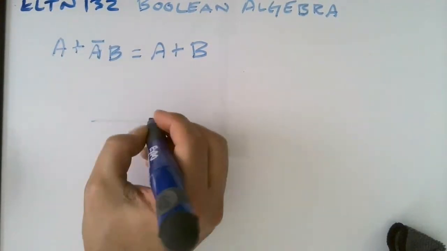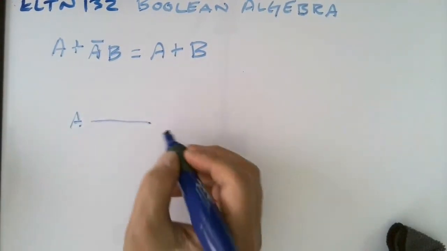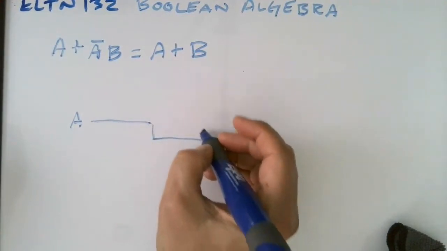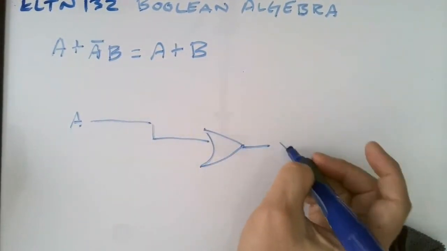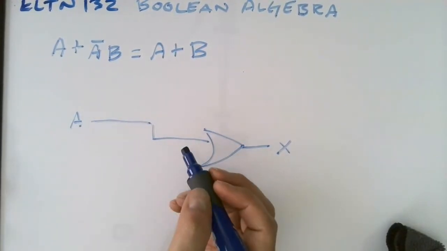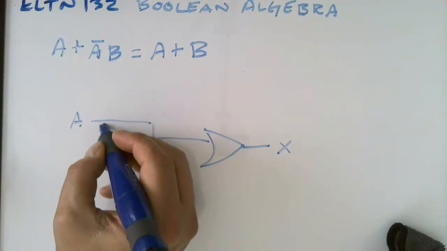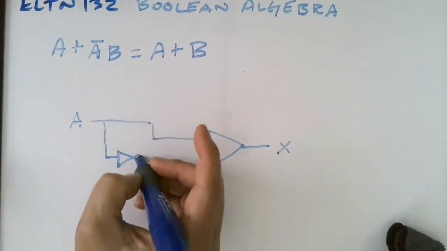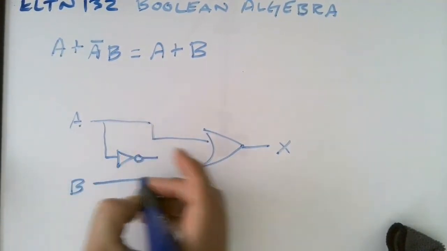So we have one input here that's A, and we're going to take that input and go into an OR gate here at the end. And we'll say the output is X, like we usually do. And then we're going to break off here and have our A naught term, but we're going to AND it with the B input.